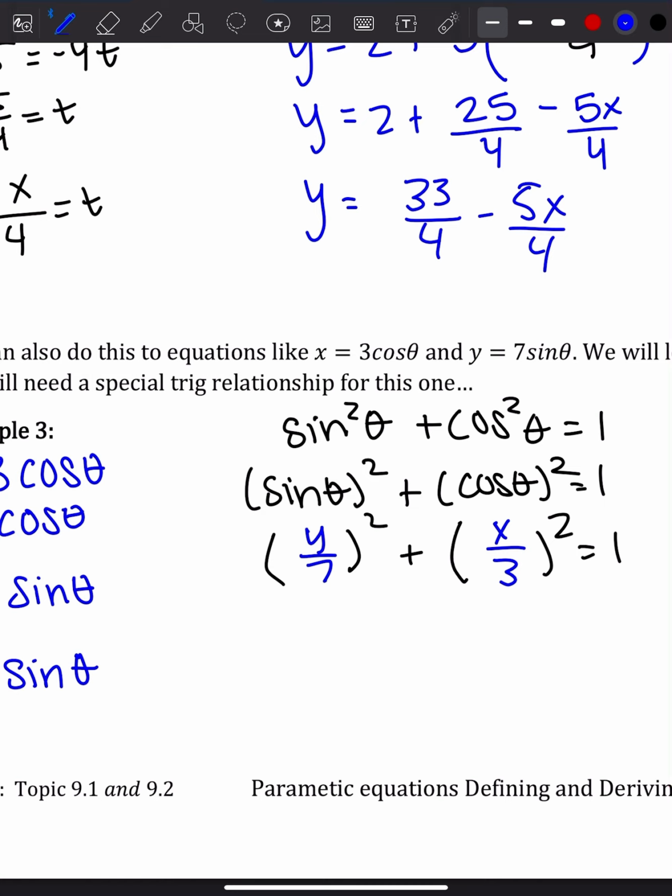So if I square y over 7, we get y squared over 49, 7 squared, plus x squared over 9, 3 squared. One of the things that you may notice is that this looks like the equation for a circle. So this has some similarities here that we can see, which makes sense because sine and cosine have that kind of relationship.